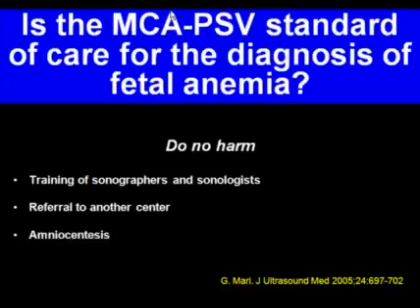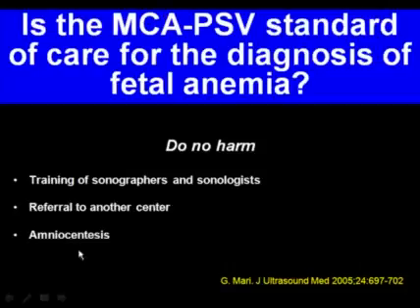Now, based on this, to the question, is the middle cerebral artery peak systolic velocity standard of care for the diagnosis of fetal anemia? I think that today the answer probably can be yes, it is. It has, at least in the United States, and I will say in many areas of the world, become the standard of care.